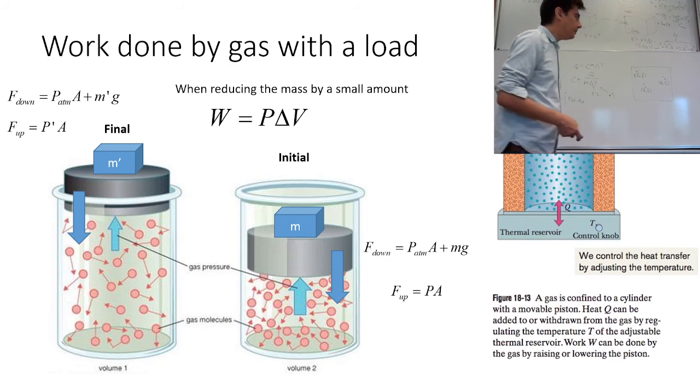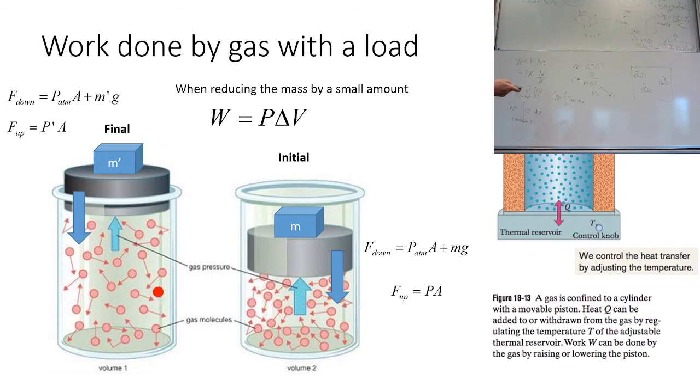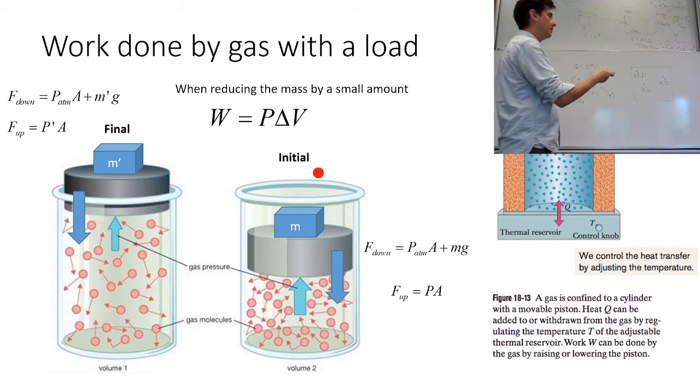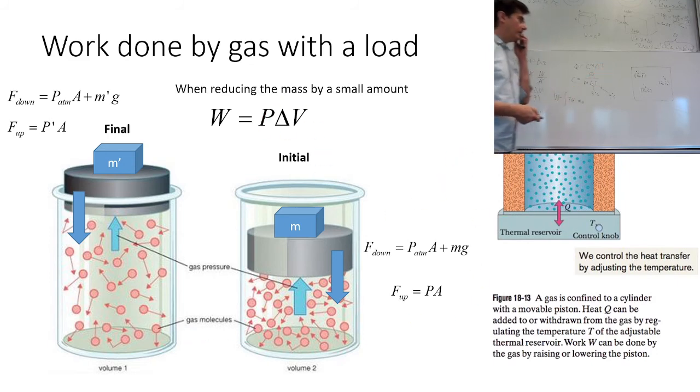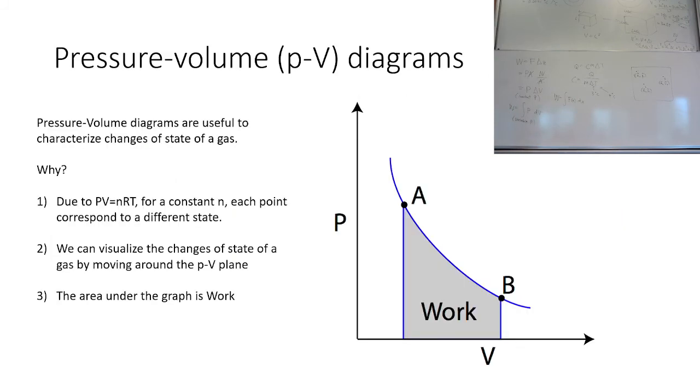So again, the pressure might be changing here, but just say it doesn't change by much, and P dash is similar to P, then work is again P times delta V.